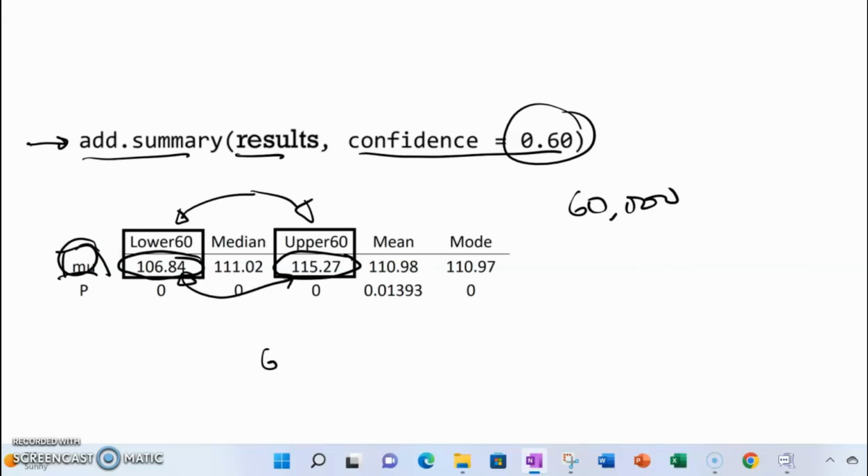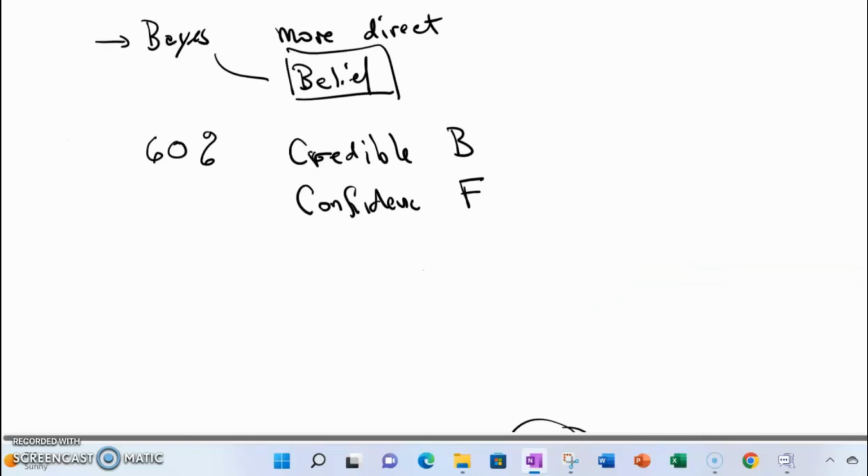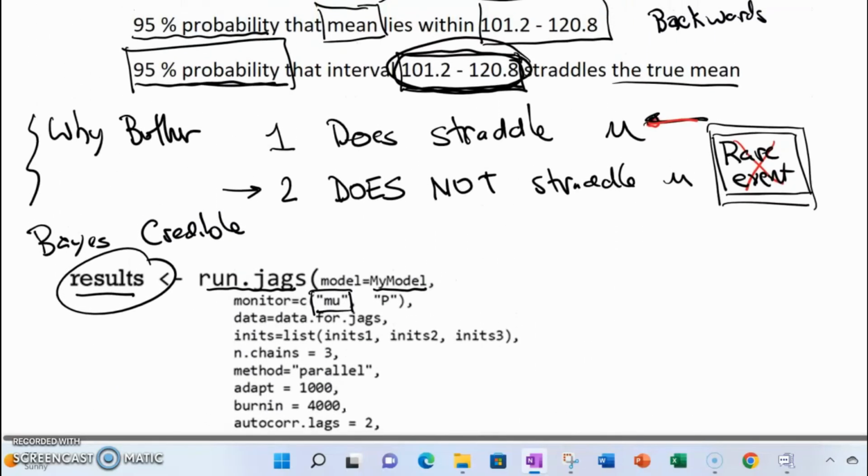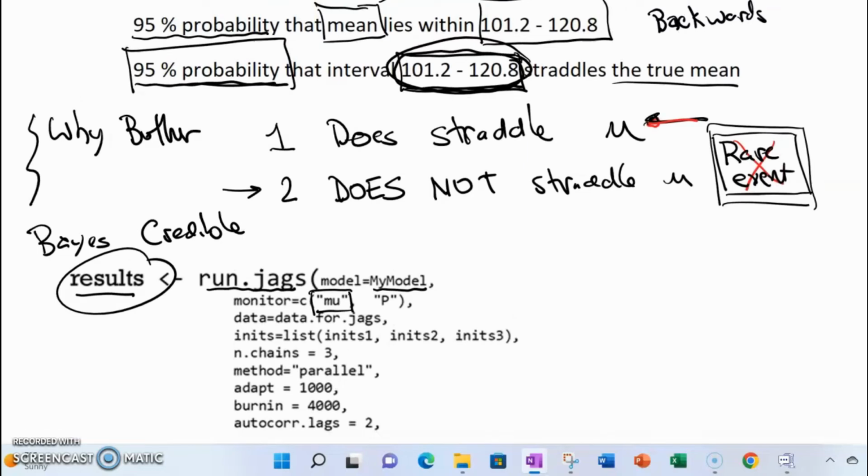How about a 60% confidence interval from the frequentist? Well, I have a lot of trouble with that. I have a hard time wrapping my head around it when I come back to this logic. Why did the 95% confidence interval work? It worked because there's only two alternatives.